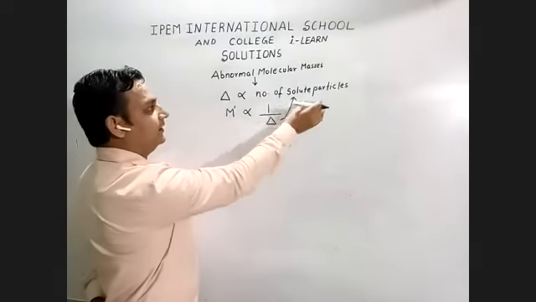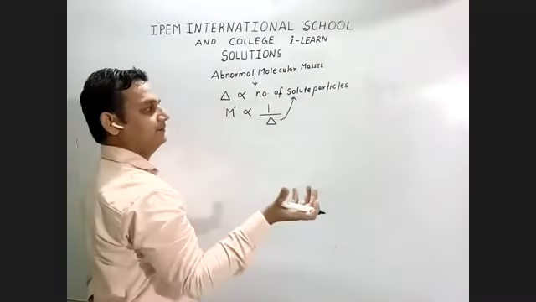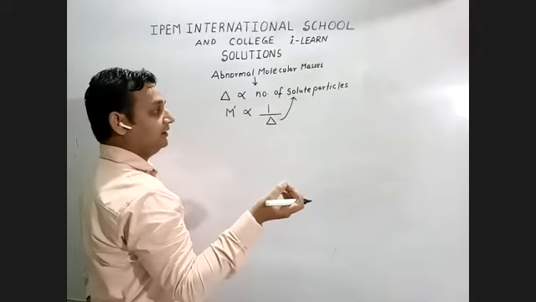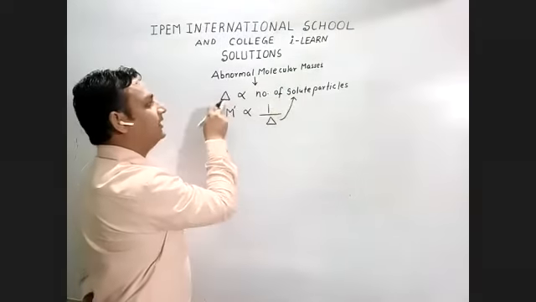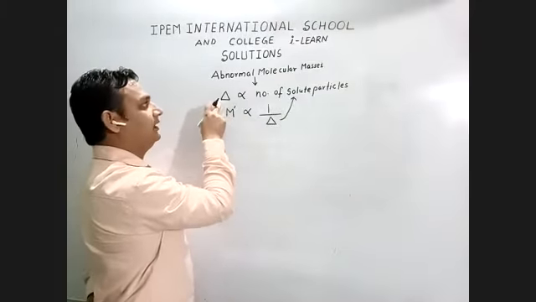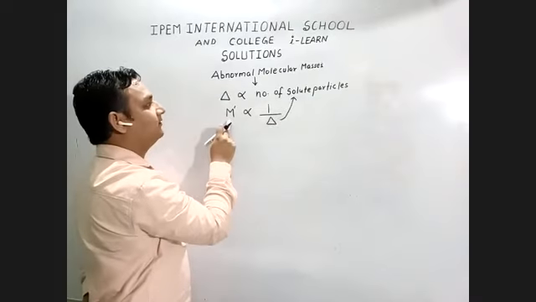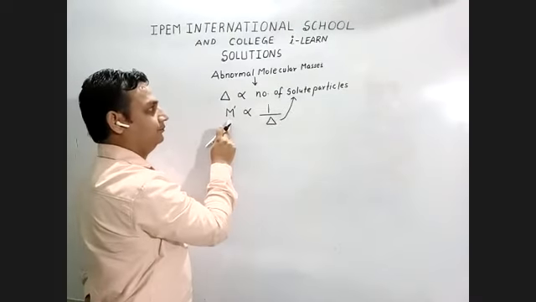If the number of solute particles is lesser, not chemical nature, then the colligative property will be lesser, then the molecular masses will be high.